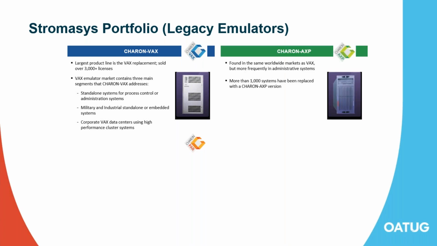Then you're talking about Charon-AXP, which covers the Alpha boxes that DEC Compaq did, running the Alpha chip, and this was running either VMS or the Tru64 operating system. We've done many of these systems running Alpha and put them out there. As a matter of fact, one of our first case studies going into the cloud were the Alpha systems.